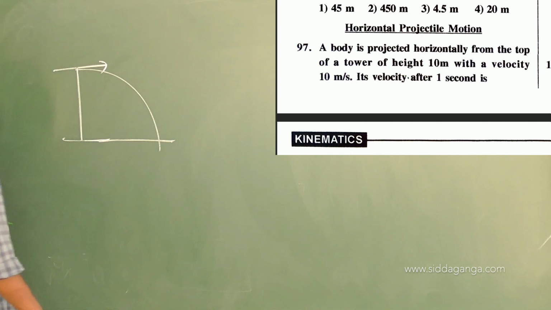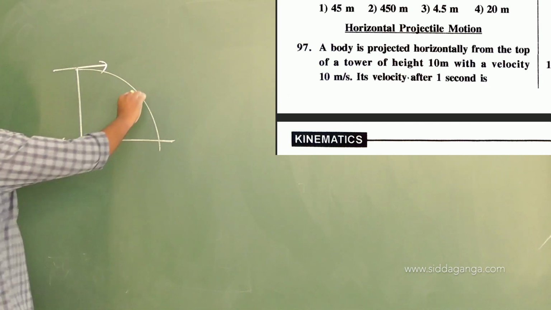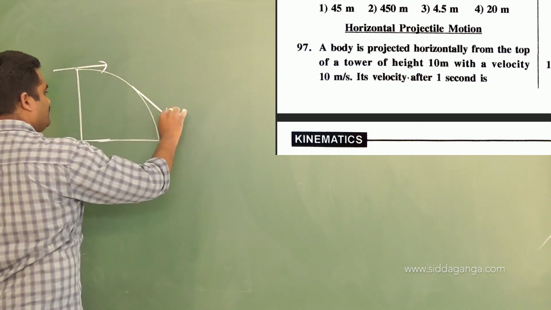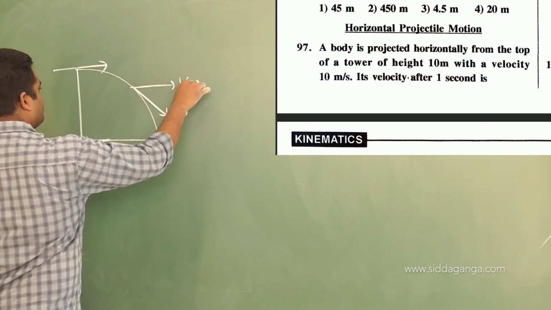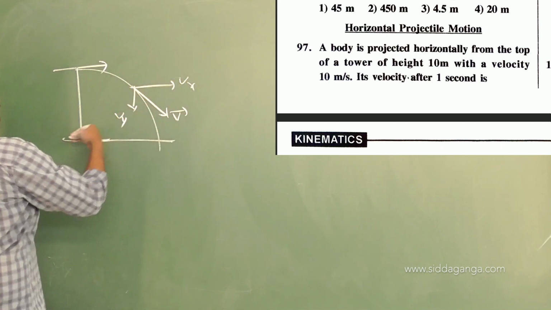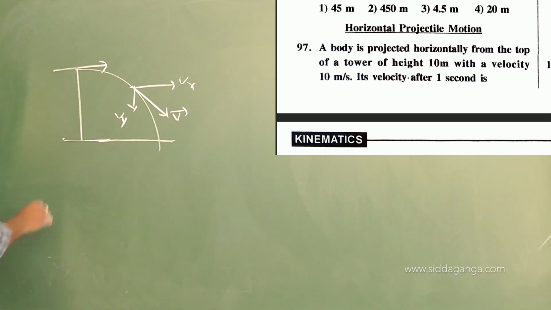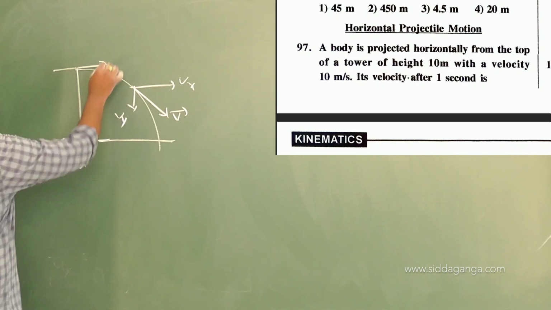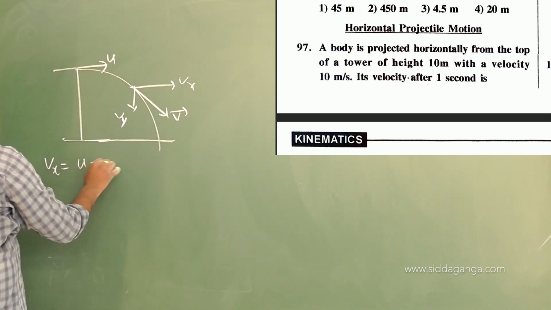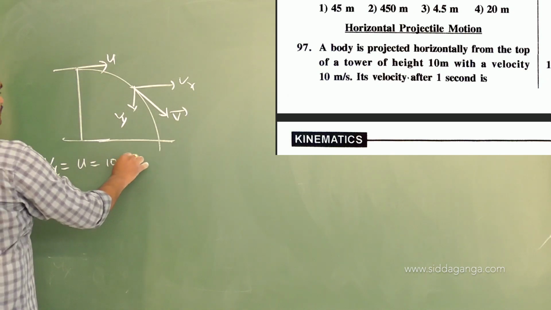Horizontal projectile it is. Velocity after 1 second, so V bar, Vx and Vy. Vx will be constant throughout the motion, equal to the thrown velocity u, which is 10 meter per second.